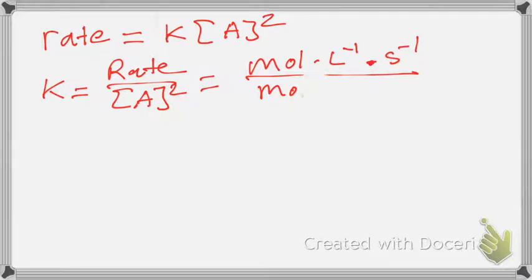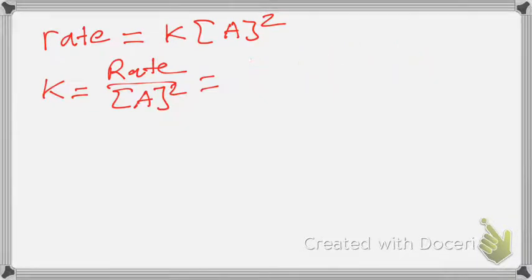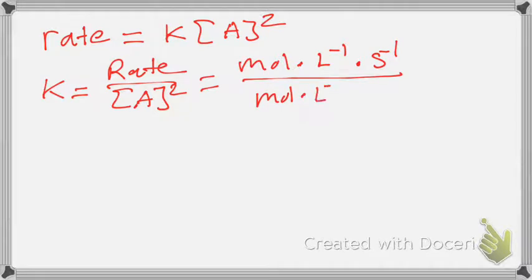Let me rewrite this. So moles per liter per second over moles per liter. Those are the units of concentration, and we're squaring it, so we really are multiplying by moles per liter again. Using some algebra, you can cancel out that unit and the bottom unit there, and that should give us per second over moles per liter.